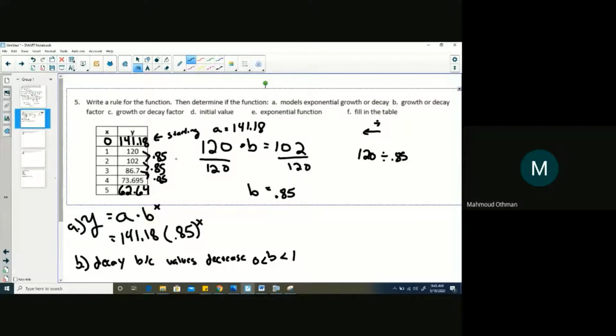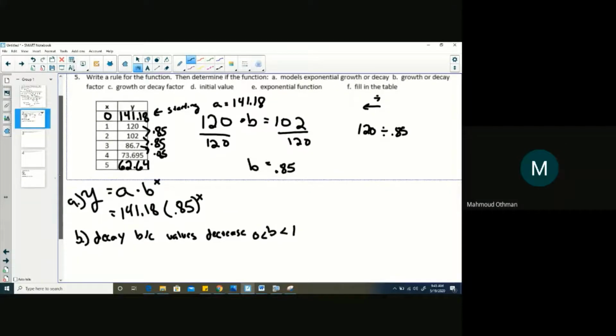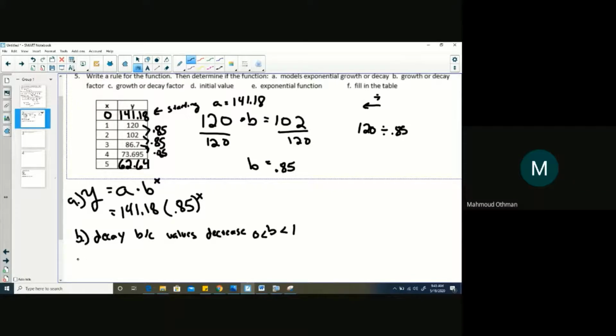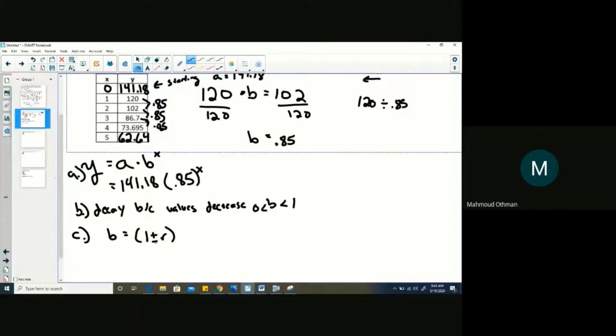My rate, remember that b equals 1 plus or minus r, depending on if it's growth or decay: plus if it's growth, minus if it's decay, and r is your rate.